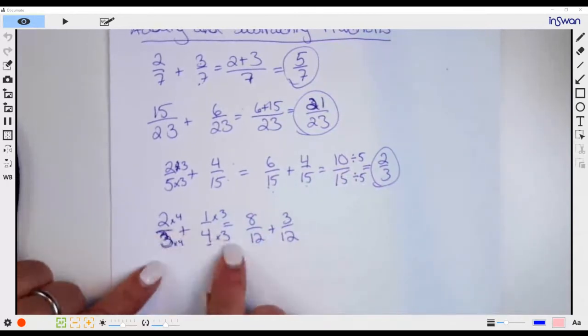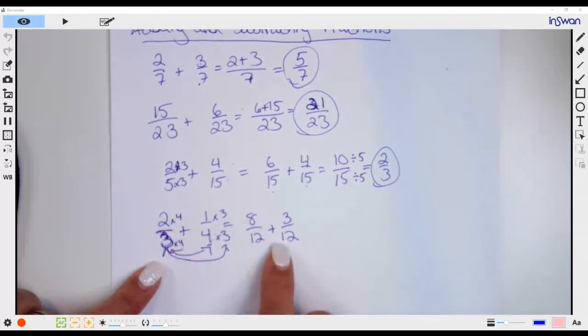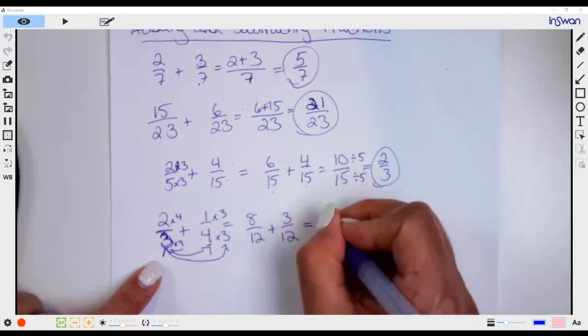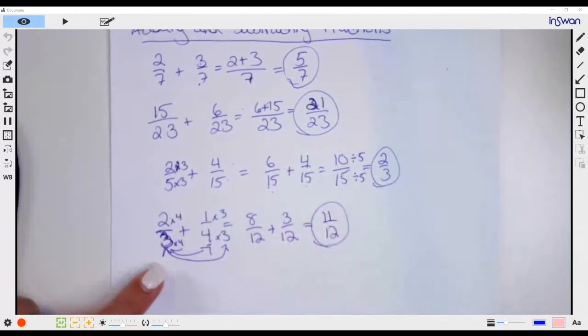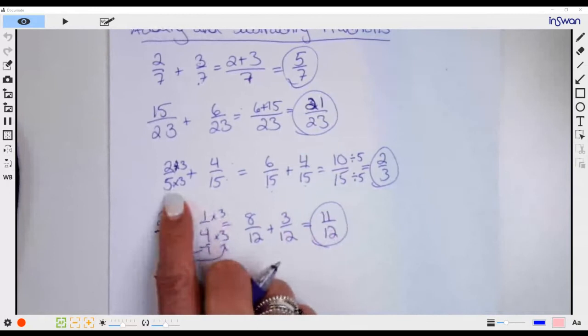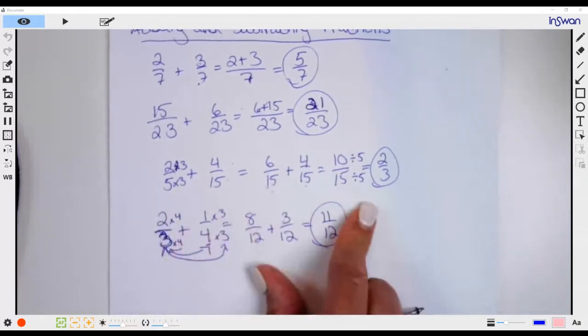Now, since we multiplied these by each other, we got common denominators. And now we can add: 11/12, and that does not simplify any farther. That's it. We could have done the same thing with the 5 and the 15, but that creates large numbers, and then we would need to go back and simplify.